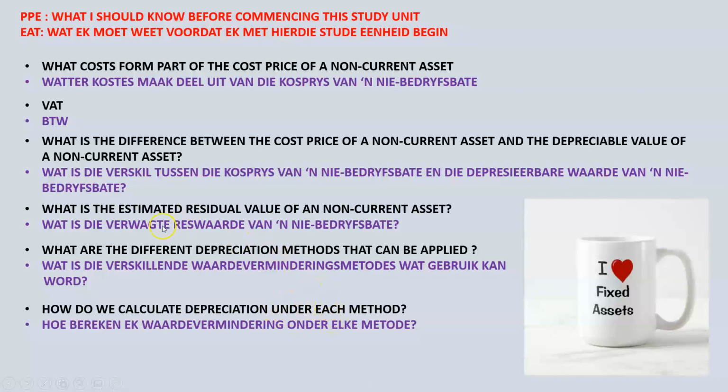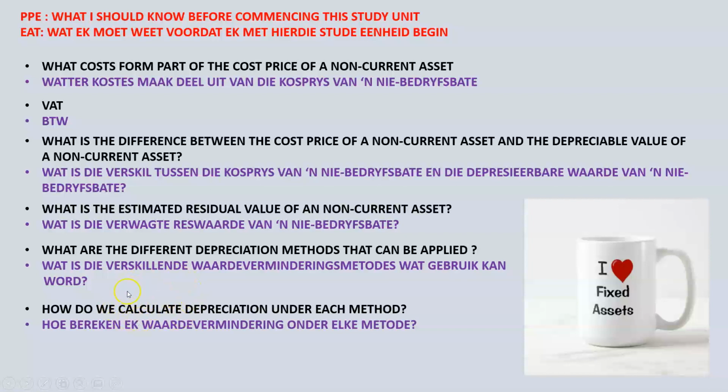Good. If I'm working on the diminishing balance method, then I do not work on the so-called depreciable value of the asset. On the diminishing balance method, I have to work on the carrying value of the asset as at the beginning of the current financial year, multiplied by the percentage that I'm going to write off as a depreciation charge on an annual basis.